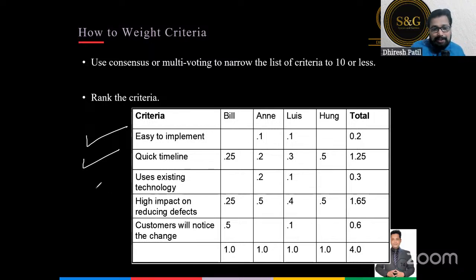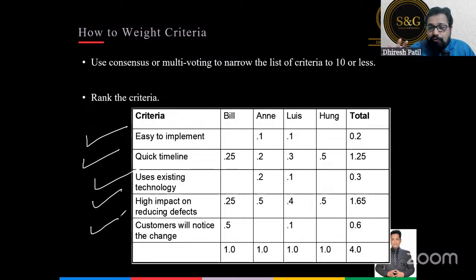High impact on reduction of the defects and rejection. And will the customer get impacted? Will the customer notice the change? Meaning, if I implement a solution, will that impact be felt by the customer positively? So these are some of the criteria.